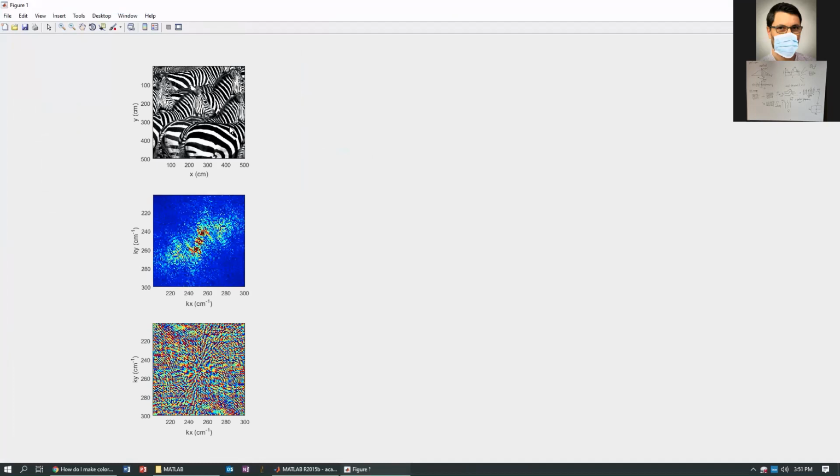MATLAB allows you to calculate the 2D Fourier transform across both the X and Y directions, and this is what I've done here. This second picture shows the Fourier transform of the zebra picture. These are the amplitudes of the image at different frequencies, both Kx, the horizontal frequency, and Ky, the vertical frequency. I've also shown on the bottom picture the phase for that image.